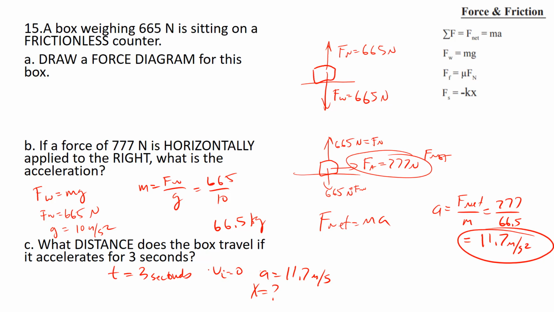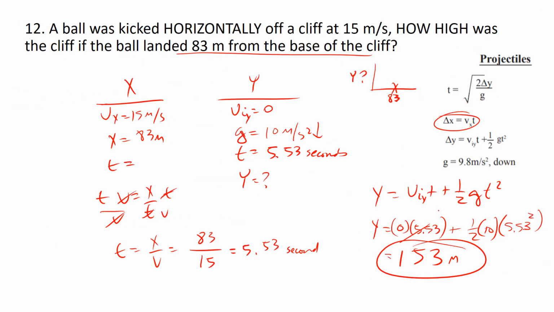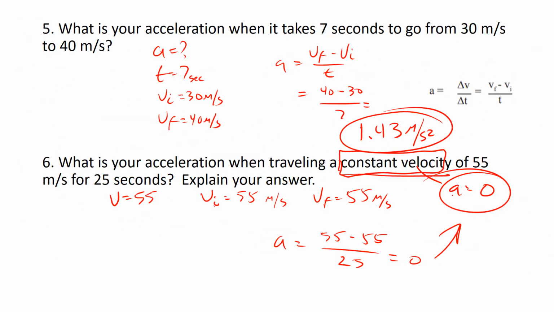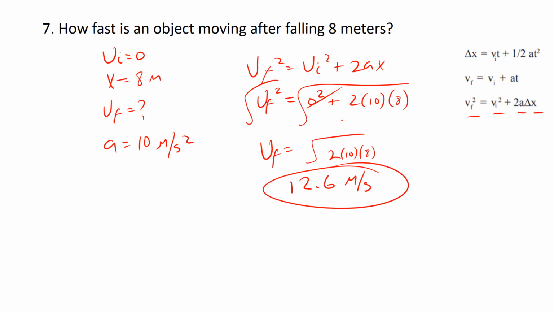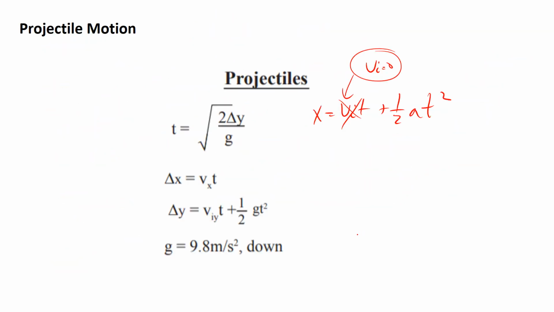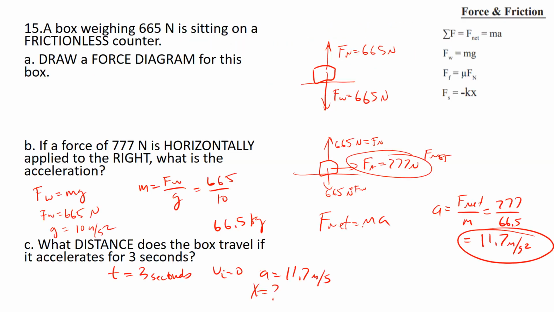So x, v_i, t, and a, we go back and look at our equations. Looking all the way back at these equations, with x, v_i, t, and a, there you go, right there. So x equals v_i t plus 1/2 a t squared. And so what's the distance if it started from rest for 3 seconds?